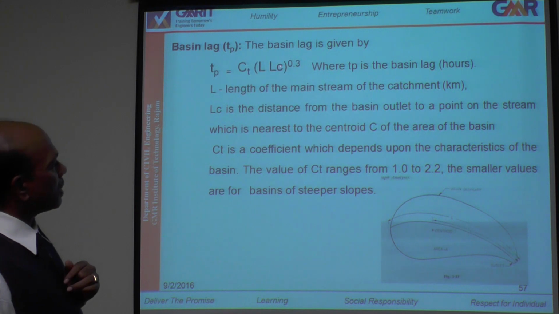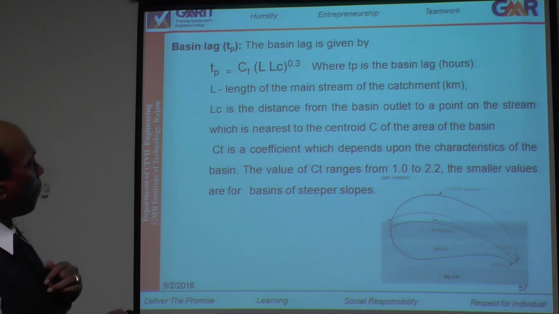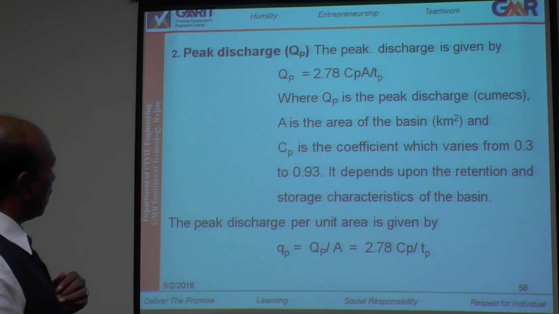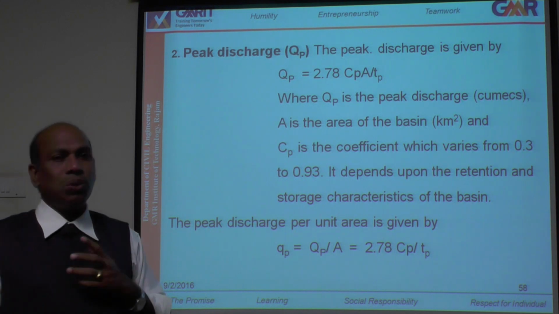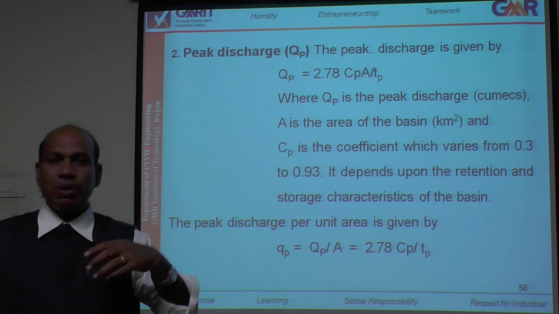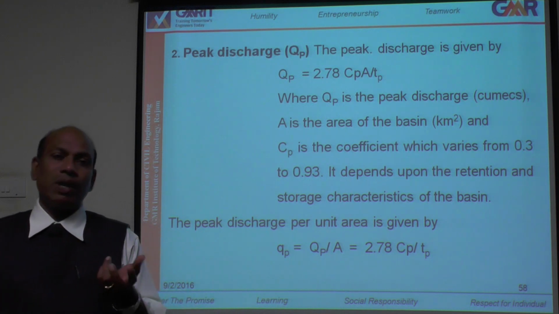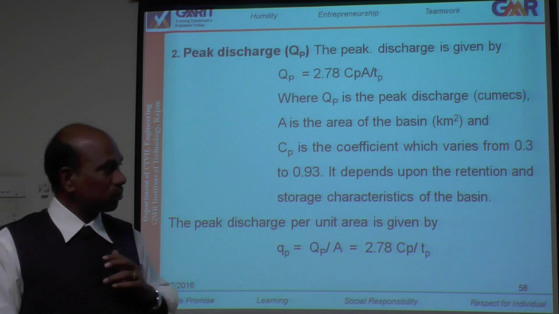Lc is the distance between the outlet and the centroid of the basin. This is the formula for the determination of basin lag. Once we know the basin lag, we use that value to determine the peak discharge, which is also one of the parameters for the construction of the unit hydrograph.